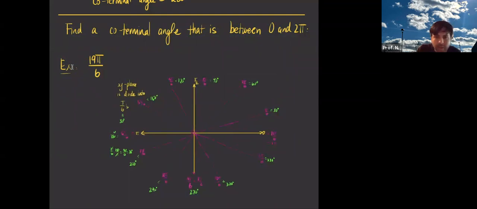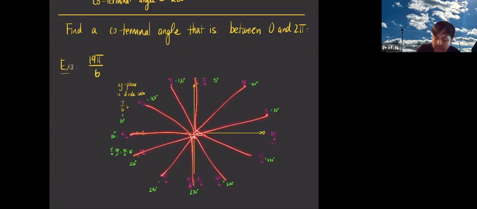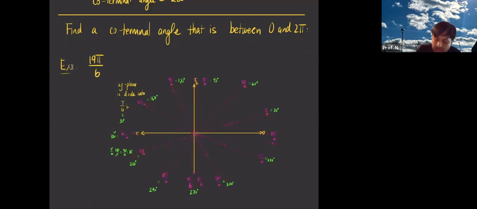And I already know how this kind of divides it up, right? So this is pi over 6, 2 pi over 6, 3 pi over 6, 4 pi over 6, 5 pi over 6, 6 pi over 6, 7 pi over 6, 8, 9, 10, 11, then 12 pi over 6. Then I continue moving in the counterclockwise direction. If I move around once and then I continue again, this will be now what? 13 pi over 6.